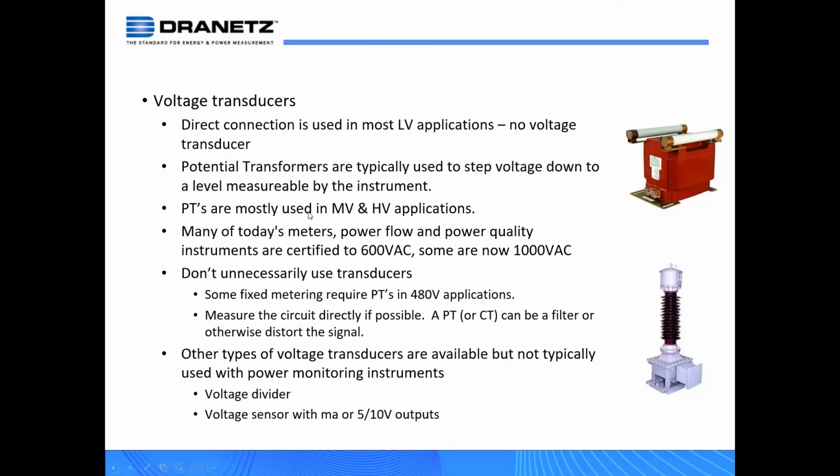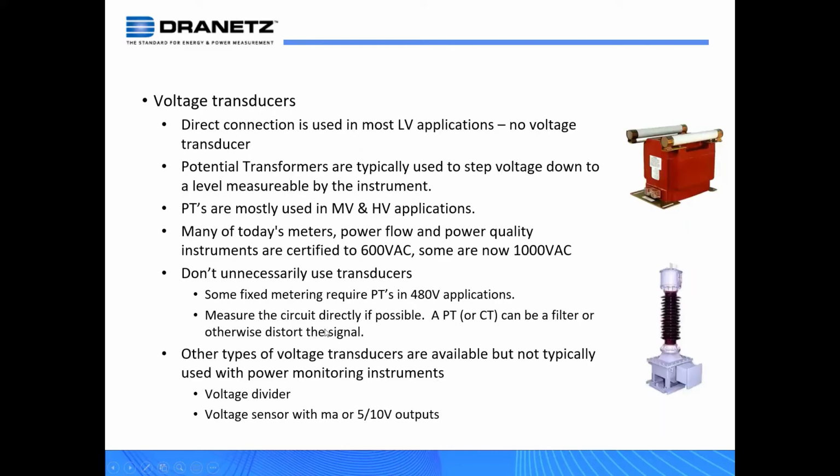For example, if you're walking through your switchgear and you see these analog panel meters that say 4160, you can almost guarantee that 4160 is not going directly to that panel meter. It's piggybacking off a PT, whether medium voltage or high voltage.